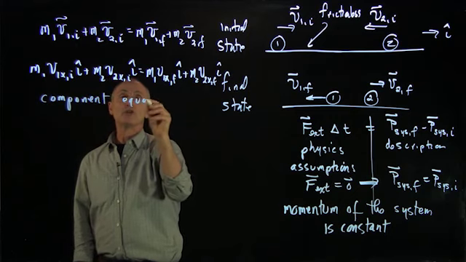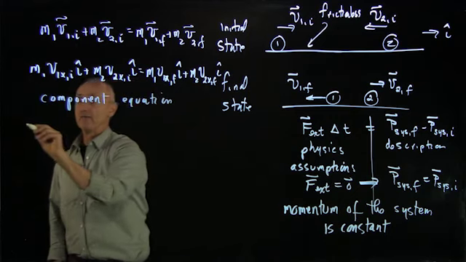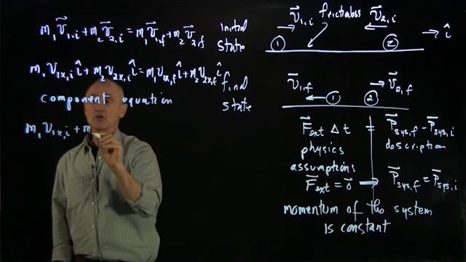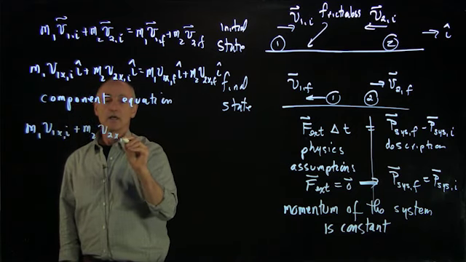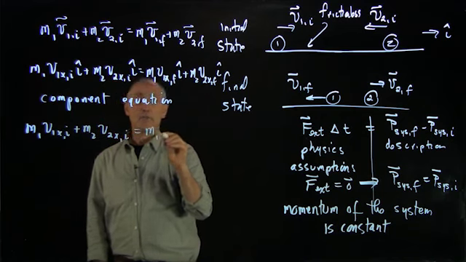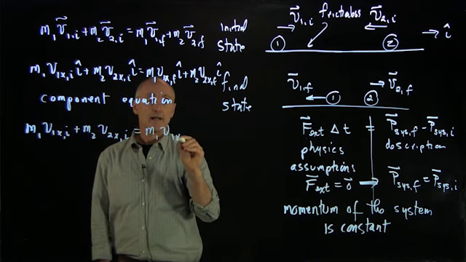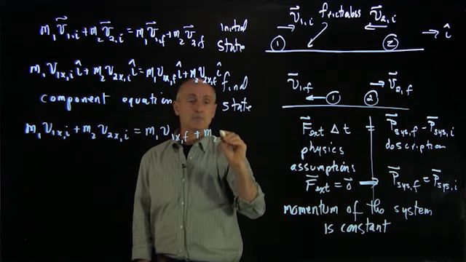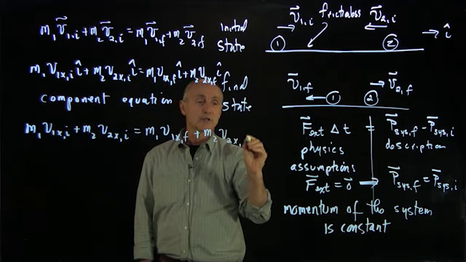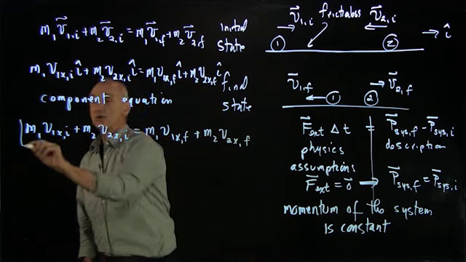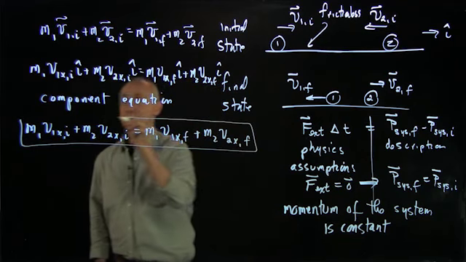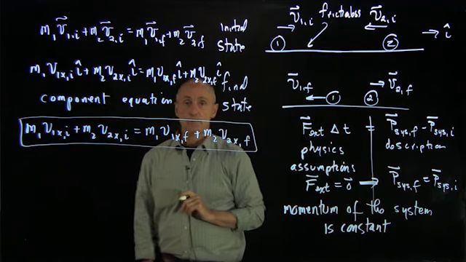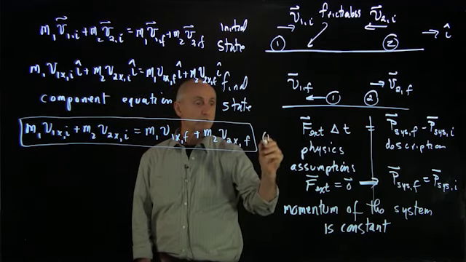When we write this equation in terms of components, we have m1 v1x initial plus m2 v2x initial equals m1 v1x final plus m2 v2x final. And this equation here is the equation that we'll use to express the constancy of the momentum of the system. We'll call this equation 1.